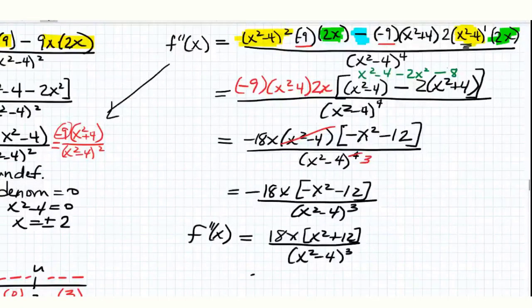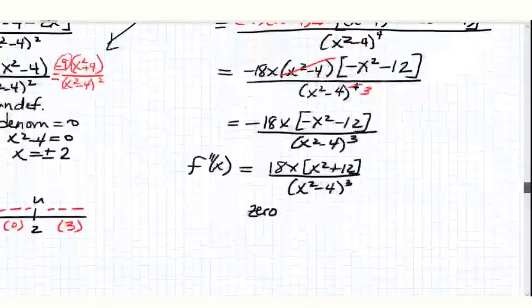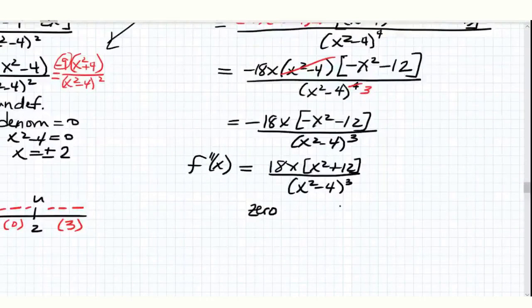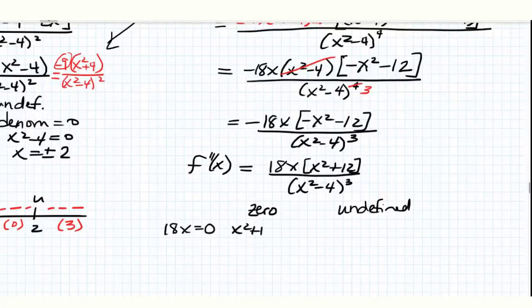So we want to know where is this second derivative equal to 0, and where is it undefined. So it's going to be equal to 0 when its numerator equals 0, which will happen when either 18x is 0 or x squared plus 12 is 0. It's going to be undefined when its denominator is 0, which would be when x squared minus 4 equals 0.